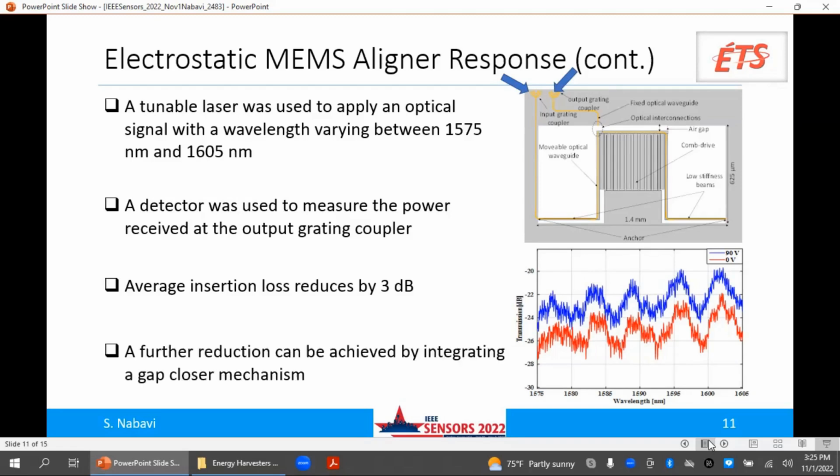Of course, you might say this power is still not perfect, but I have to mention I have a 4 micron adapter. By having an in-plane actuator, which is very simple, we can use a parallel plate capacitor to close this gap, and then this loss can be significantly reduced.